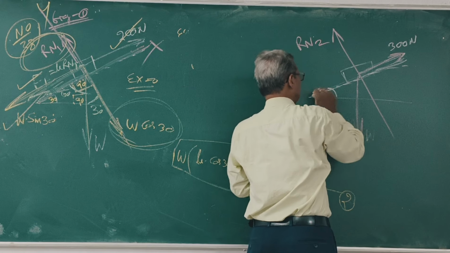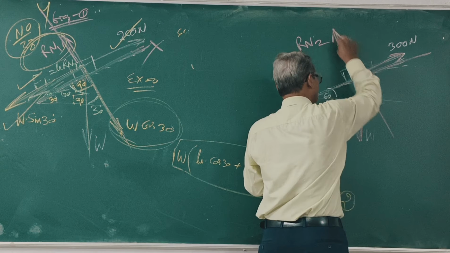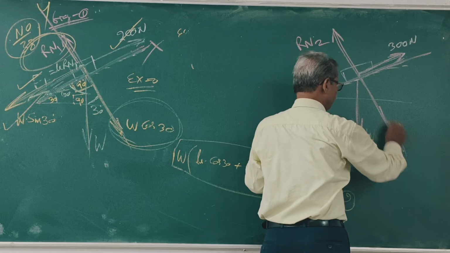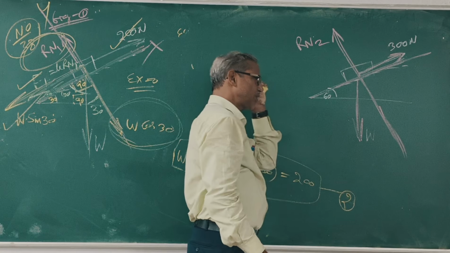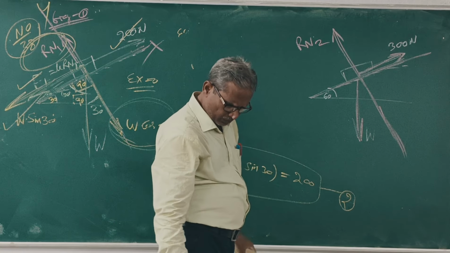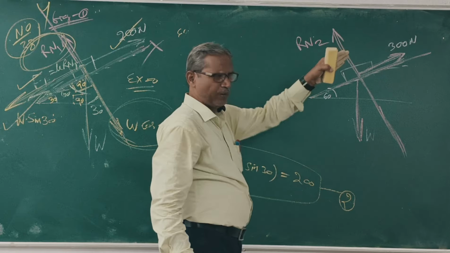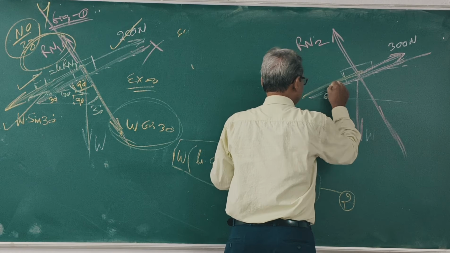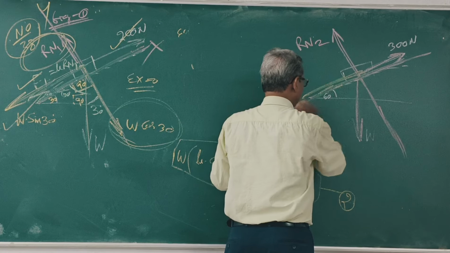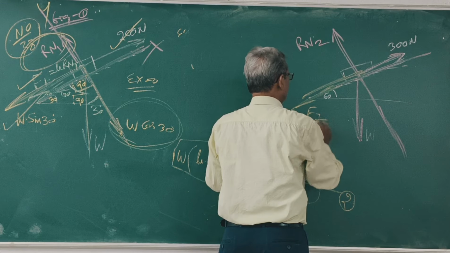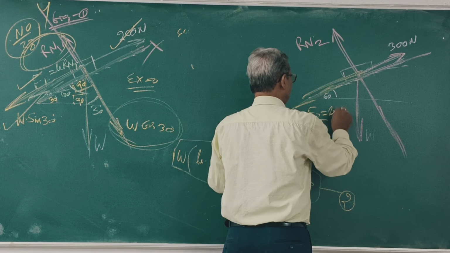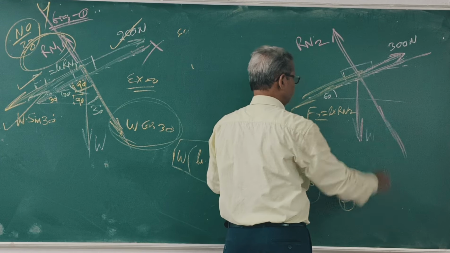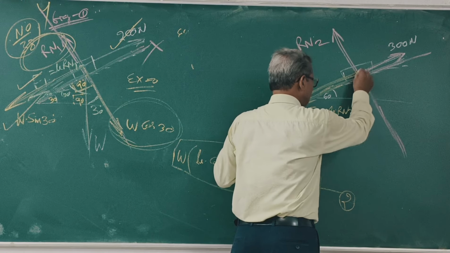This is the x-axis, this is the y-axis. Clear? Now, the force is applied up the plane, so friction will be acting down the plane. F2. What is F2? Mu Rn2. Clear? This is W.